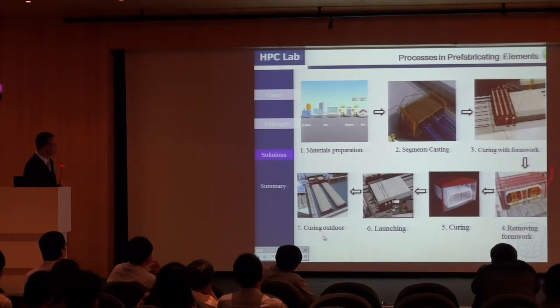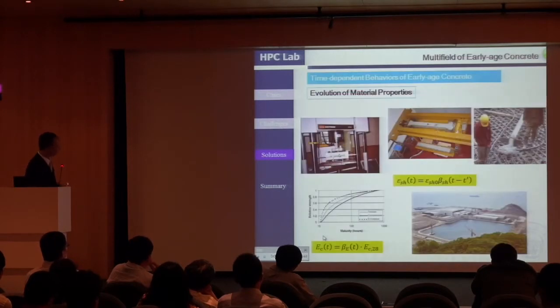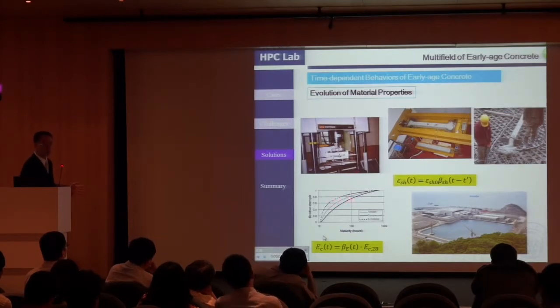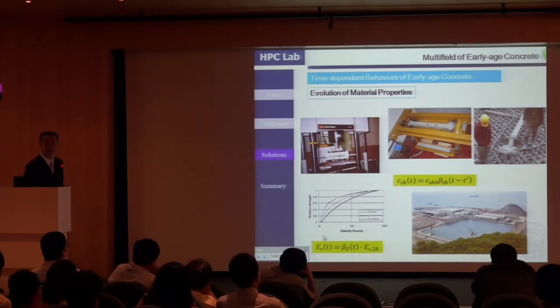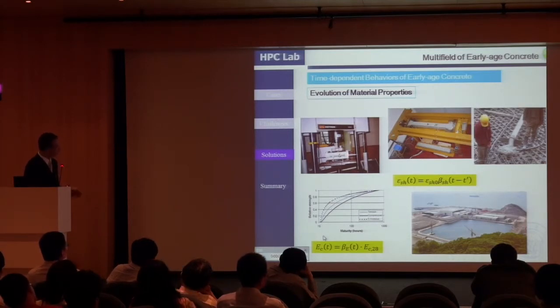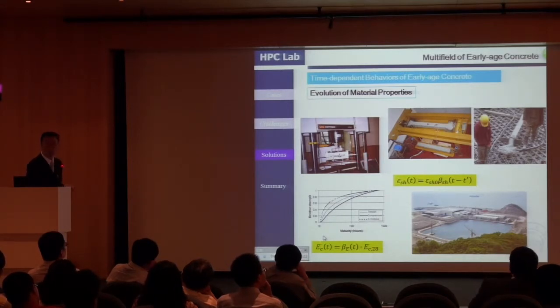To account for what will happen during this process, traditionally we know that the elastic modulus and strength evolve with the hydration process. And we also know that some drying shrinkage will happen during the cooling process. But that needs many tests to find out this relationship.